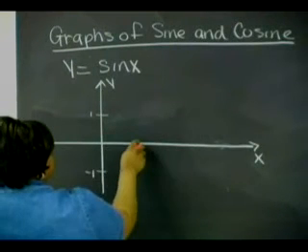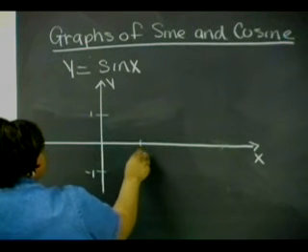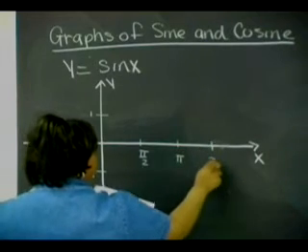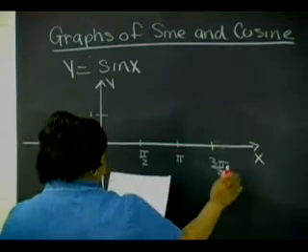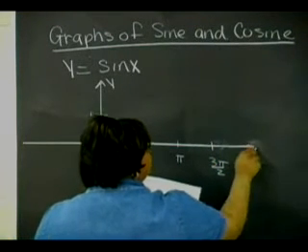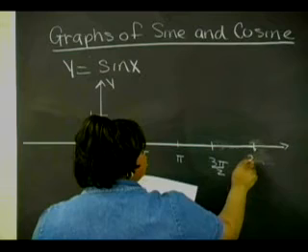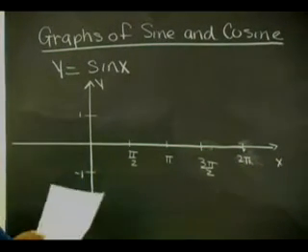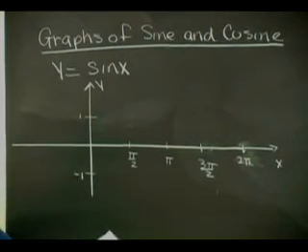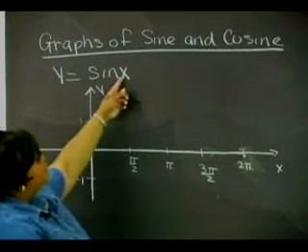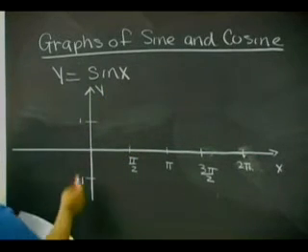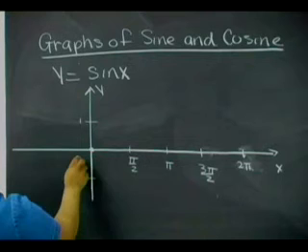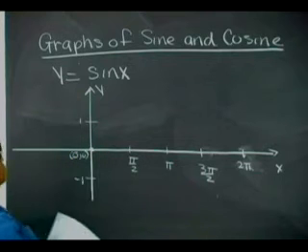We want to look at x equals 0, pi over 2, x equals pi, x equals 3 pi over 2, and x equals 2 pi. Okay? And we want to find our associated y values. If I put in x equals 0, sine 0 is what from our unit circle? It's 0, isn't it? So I have a point 0, 0.